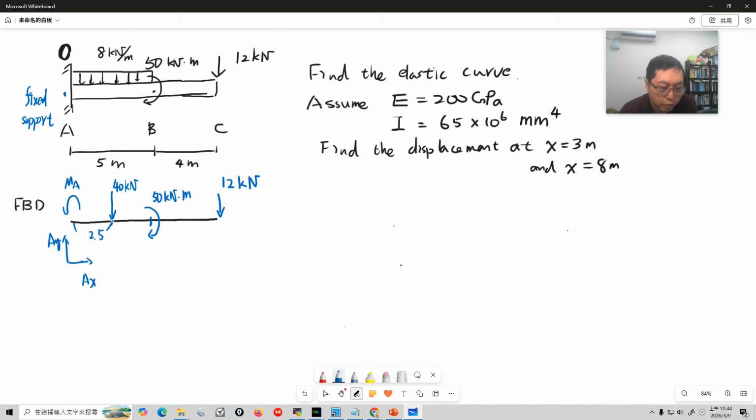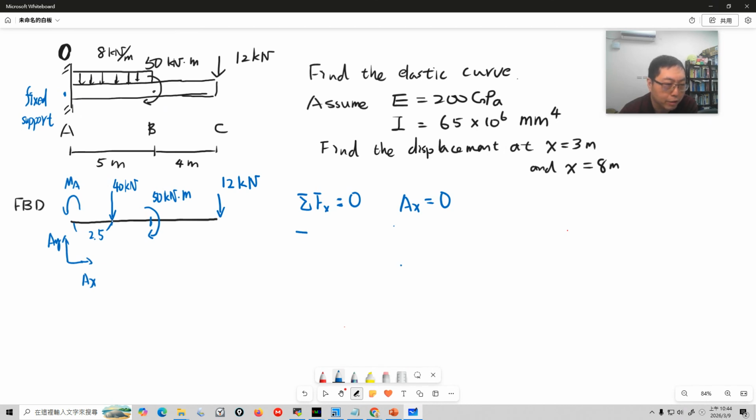Let's look at the free body diagram of this beam. First of all, rigid body equilibrium. This is a two-dimensional problem. The net force in the x component must be 0. In this system, we only have AX equal to 0. That's very trivial.